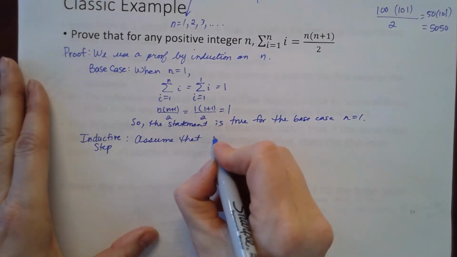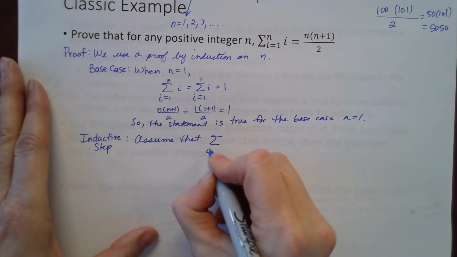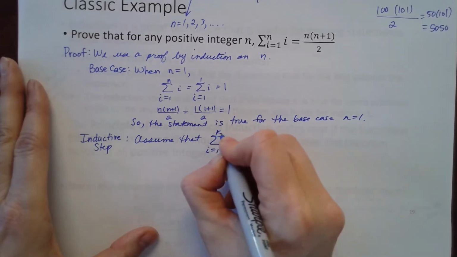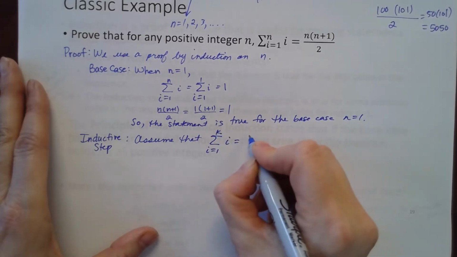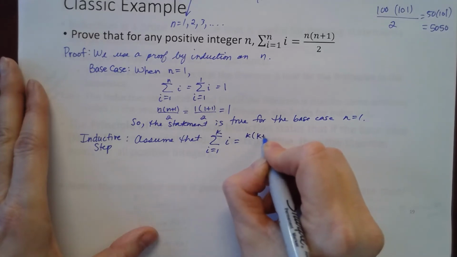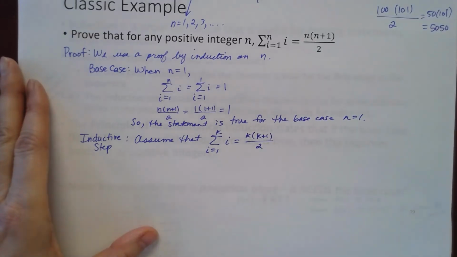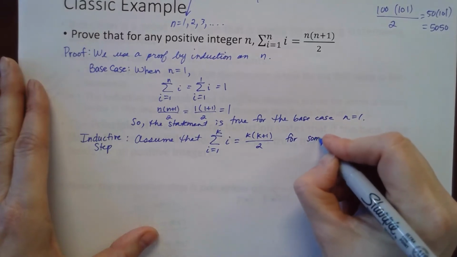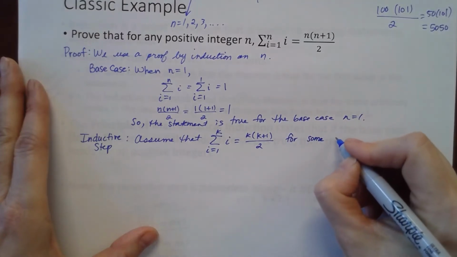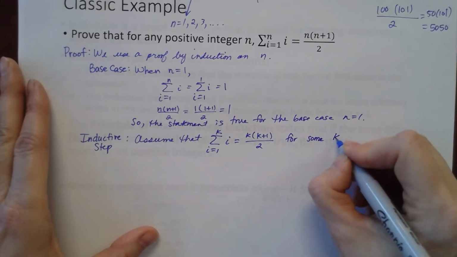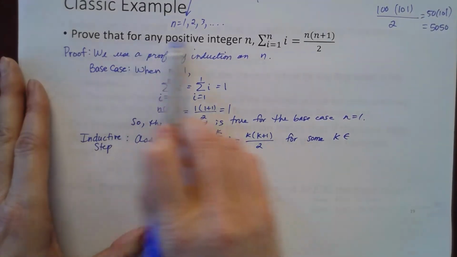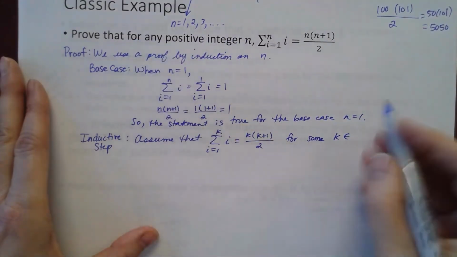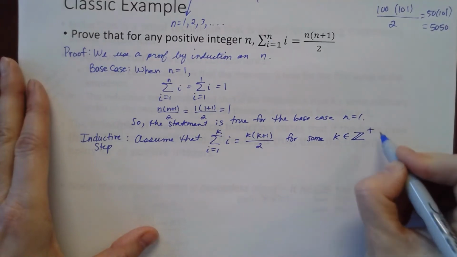So assume that the summation from i equals 1 to k of i is equal to k times k plus 1 over 2, for some arbitrary k in the set of positive integers.